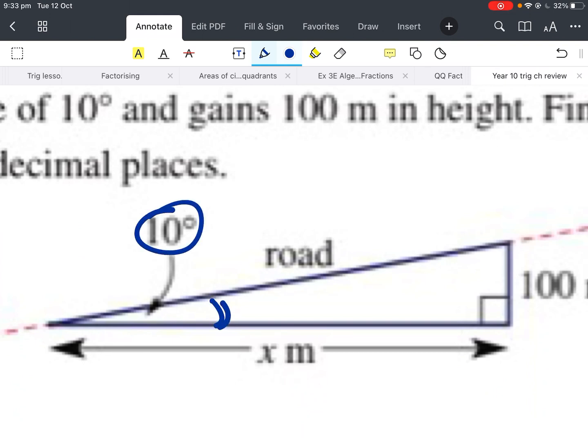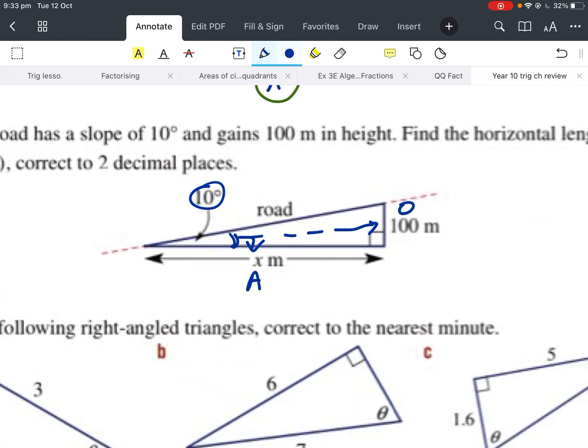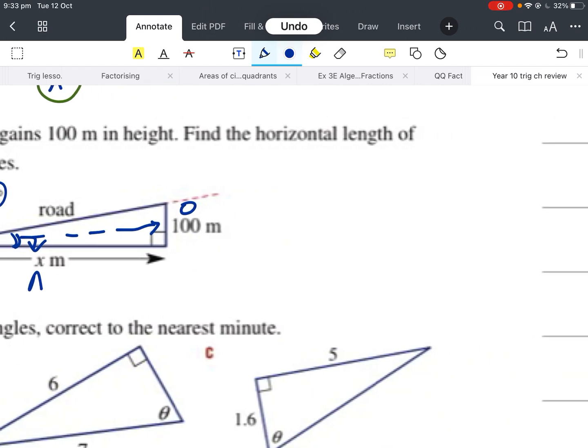It's there. They just couldn't fit it into the diagram. So we have opposite the angle, and we've got next to the angle. So that's adjacent. The road doesn't have anything on it in terms of letters or numbers, so I'm not going to use the hypotenuse. So which one uses O and A? I think you would say tan.